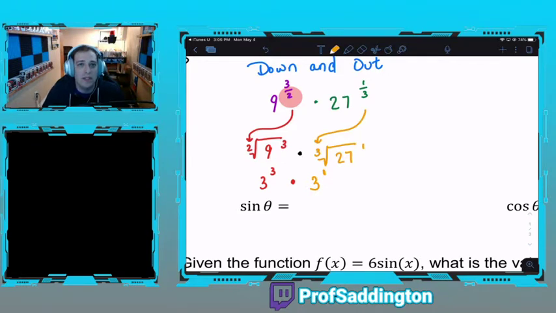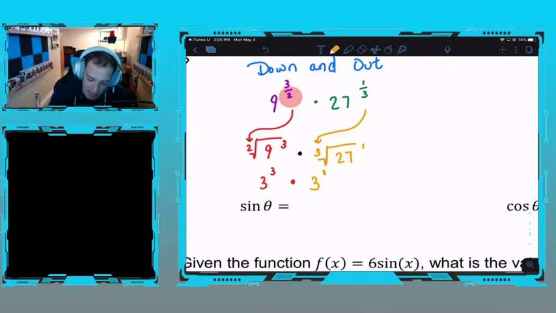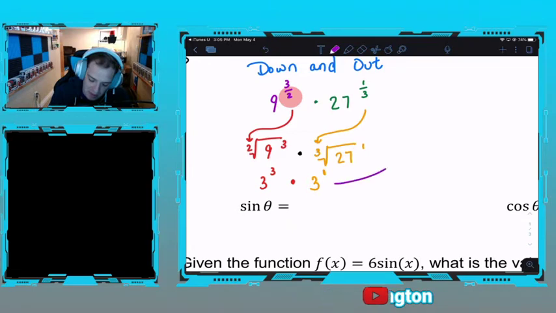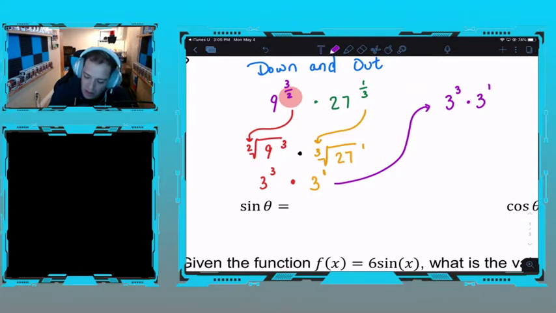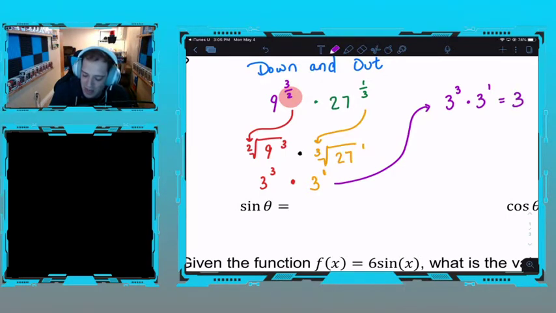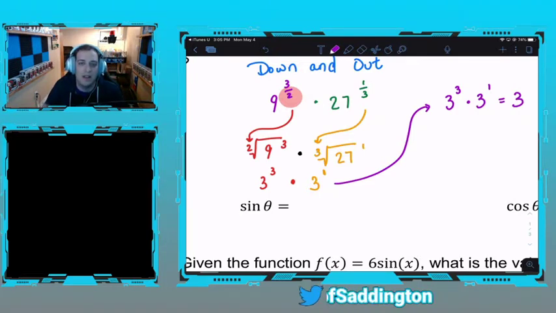Now that we did this, we have a common base. Because the bases are the same, there's a trick for solving this out. So I have 3 to the 3rd times 3 to the first. If the bases are the same, they can just stay the same. And then the question is what do we do with exponents when we multiply?